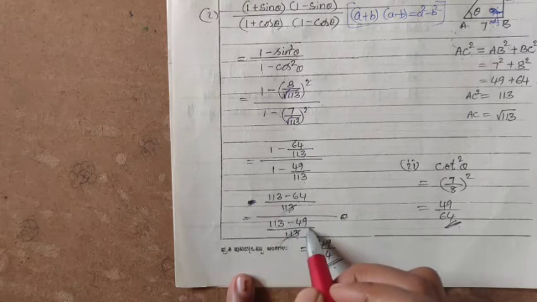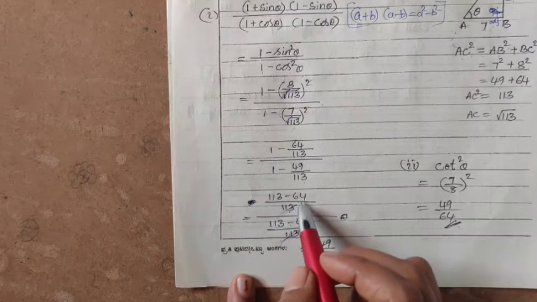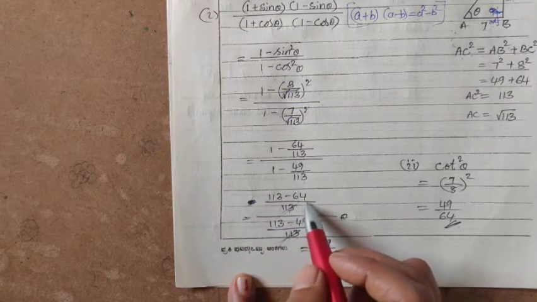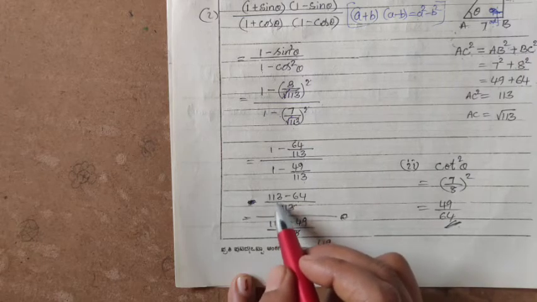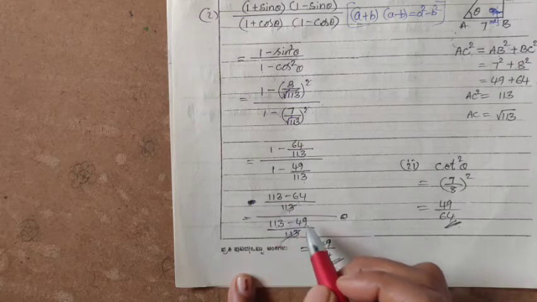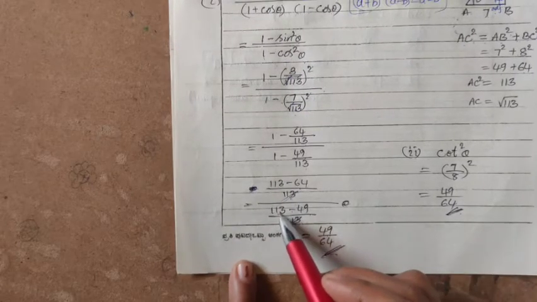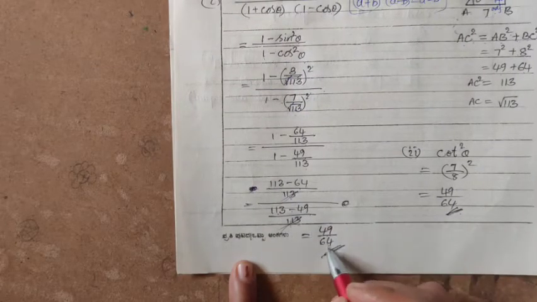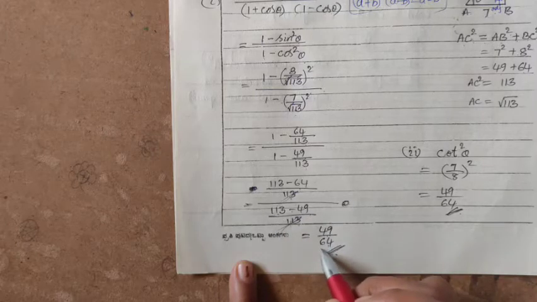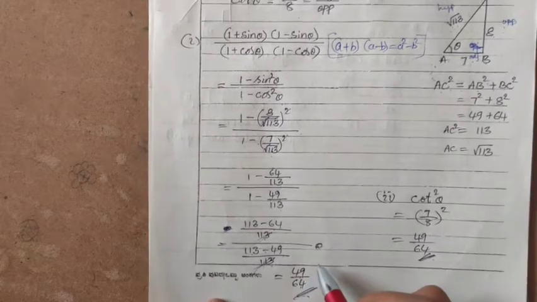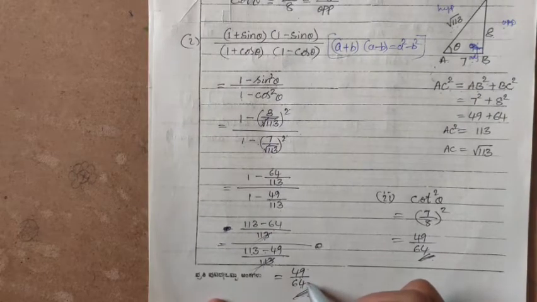Now subtract: 113 minus 64 is 49, and 113 minus 49 is 64. The answer is 49 by 64.